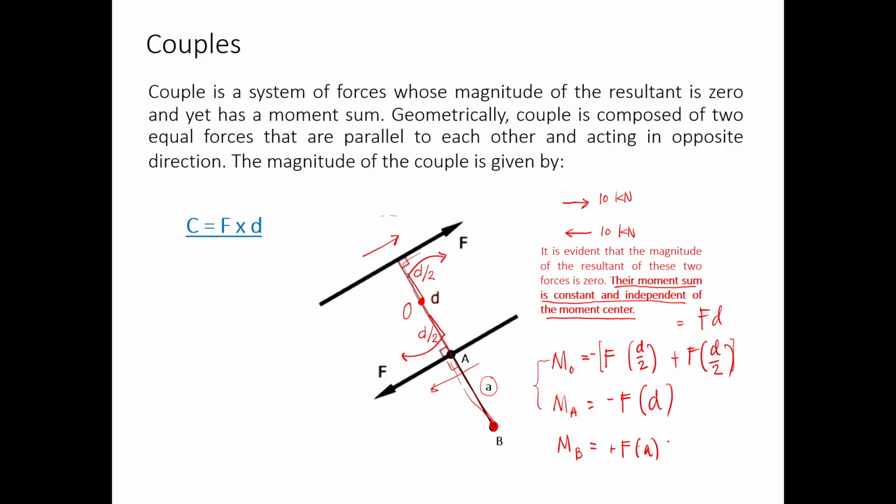And then the other distance is minus. The upper force will create a moment of minus F times (A plus D). If you expand this, we have positive F times A, then minus F times A, then minus F times D. So notice that the value of the moment is still constant, which is negative F times D.